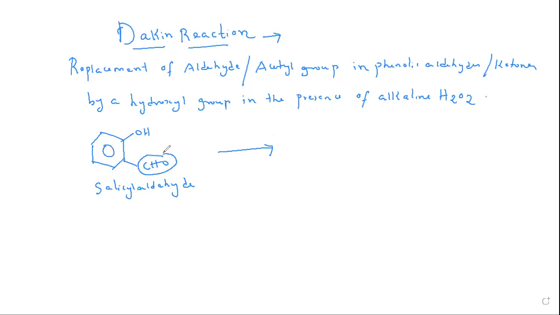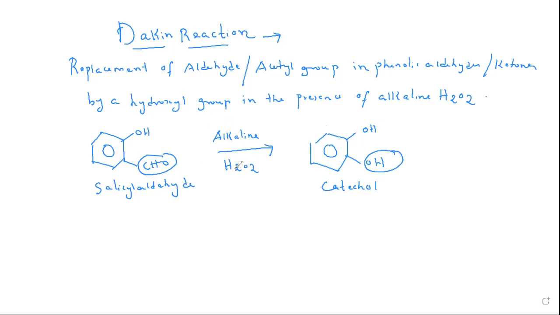So this aldehyde functional group must be converted into hydroxyl group, that is OH, in the presence of alkaline hydrogen peroxide. So you're going to get a catechol ring system with two hydroxyl groups. Okay, so this is your hydroxyl group which you got by converting aldehyde into OH group in the presence of alkaline hydrogen peroxide.